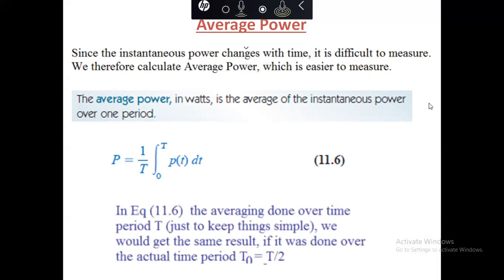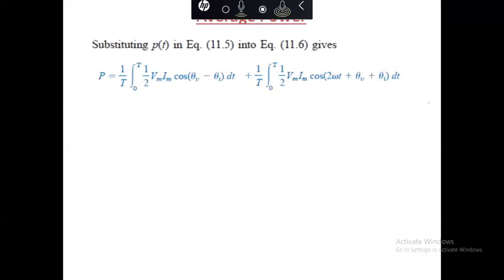Now see how we can take the average power for one period. We have the two parts. So we take the average of the first part and the time dependent part. It will convert into the sine form after integration.